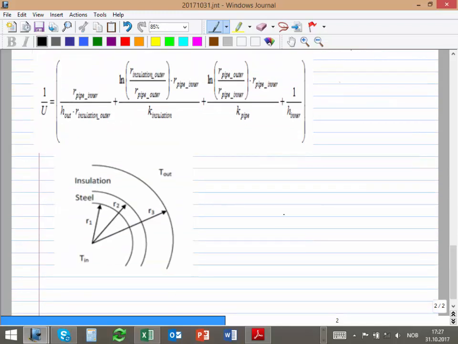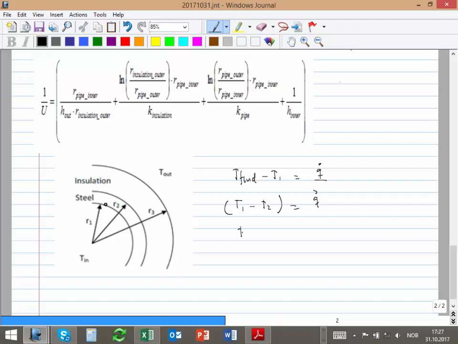For the first expression, you will have T fluid minus this temperature, T1, equal to Q divided by a coefficient. For the other one, you will have T1 minus T2 equal to the same heat transfer, because the same heat has to go through all layers.